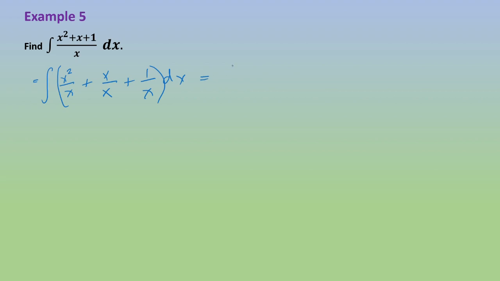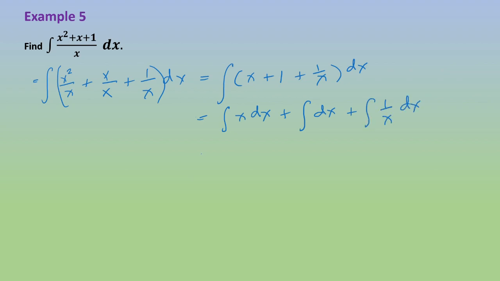Simplifying, x squared over x is x, x over x would be 1, plus 1 over x, and then dx. Applying the rules, we have the integral of x dx plus the integral of 1, so let's just write dx, plus the integral of 1 over x dx.